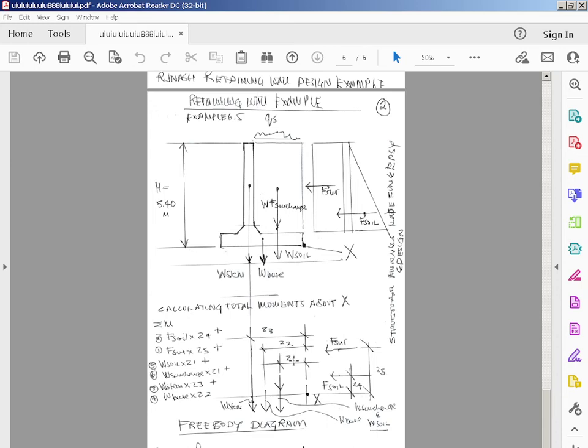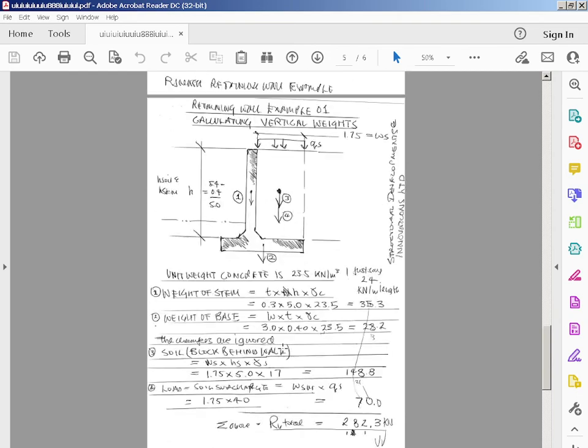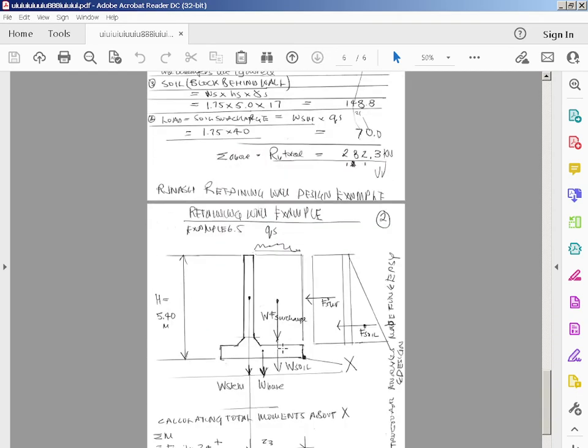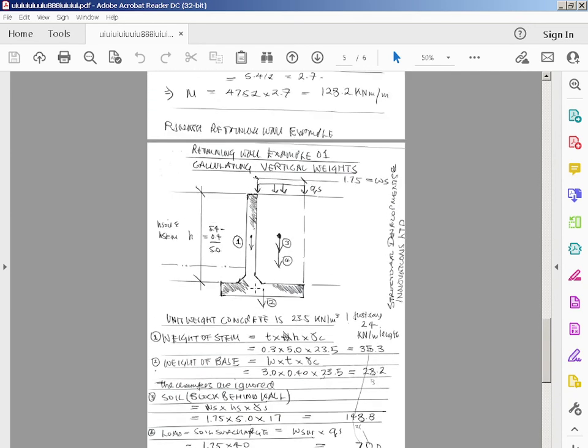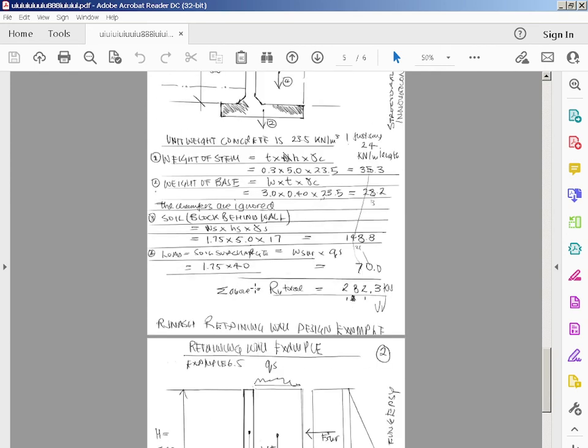Yep. Z1 is 1.75 over 2. Z2 is 3 divided by 2, should be 1.5, and Z3 is 1.75 plus 300 over 2.